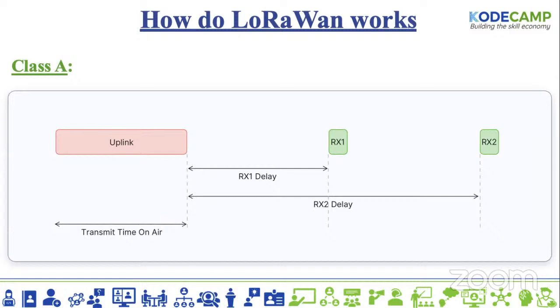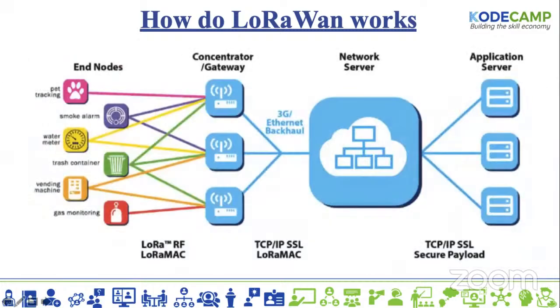Class A communication is always initiated by the end device, that is this very device here. They are the ones that schedule when to receive information or when not to receive information.